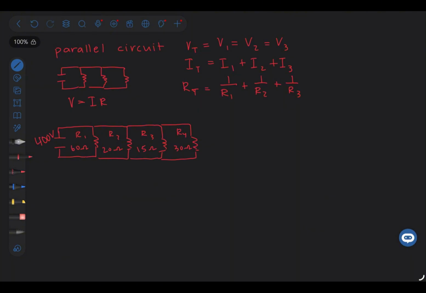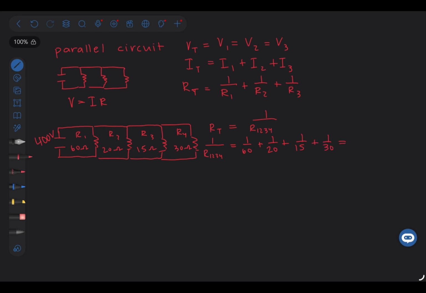So let's set this up. First we want to find out the total resistance. So 1 over RT is equal to 1 over 60 plus 1 over 20 plus 1 over 15 plus 1 over 30.